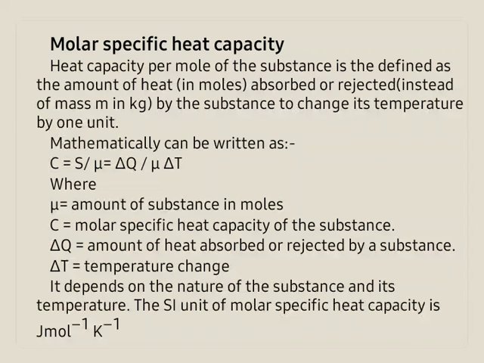It can be written as C is equal to S by nu, which is equal to delta Q by nu delta T, where nu is the amount of substance expressed in moles, C is the molar specific heat capacity of the substance, delta Q is the amount of heat absorbed or rejected by the substance, delta T is the temperature change, and S is the heat capacity of the substance.